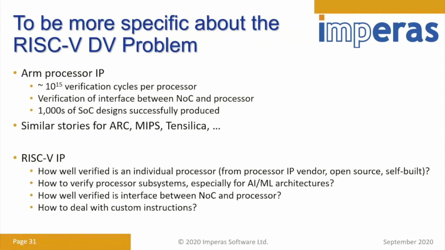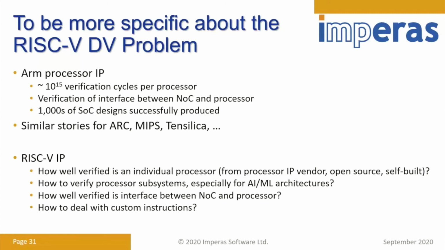And in fact, when it comes to testing, we should be very specific about this. If you were to compare this to something like the ARM processor IP, currently within the test suites given for ARM processors, you're looking at something like 10 to the 15 verification cycles per processor. And so this is a huge amount of work that has to be done.